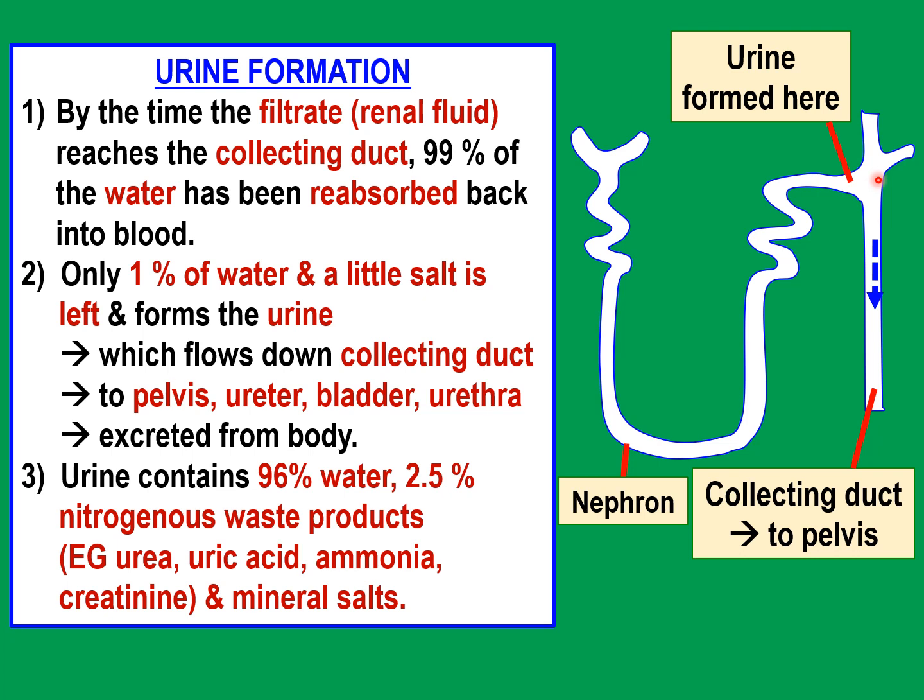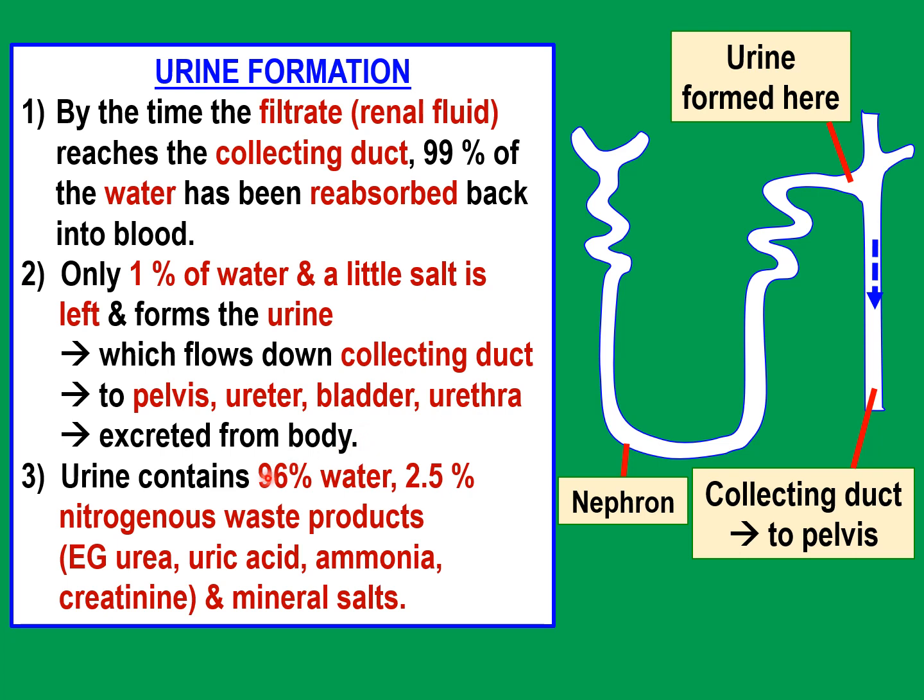Only 1% of water and a little salt is left and forms the urine, which will flow down the collecting duct to the pelvis and then to the tiny tube called the ureter, and then to the bladder for storage. When it is full, the bladder will expel the urine, or excrete the urine, through the urethra.